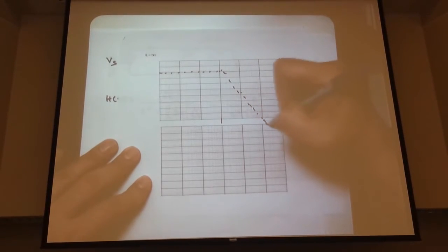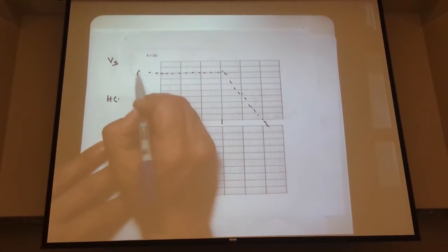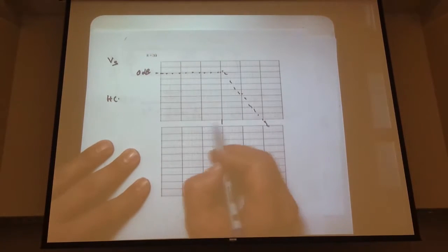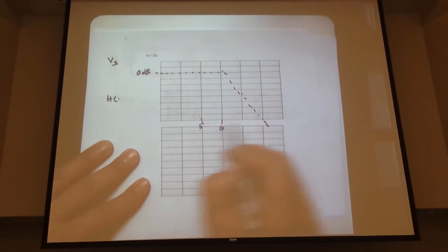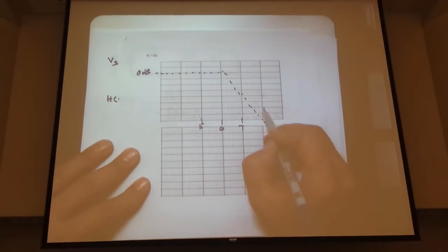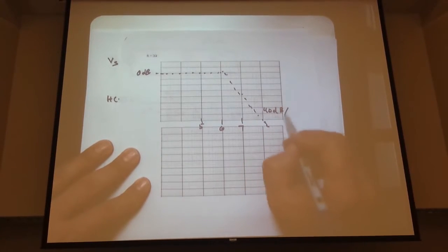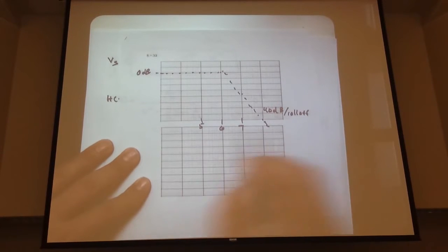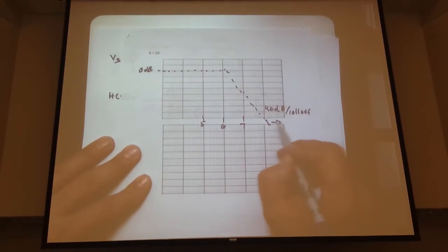So there's our critically damped 0 dB, 6, 5, 7, 40 dB roll off. Critically damped approximation.